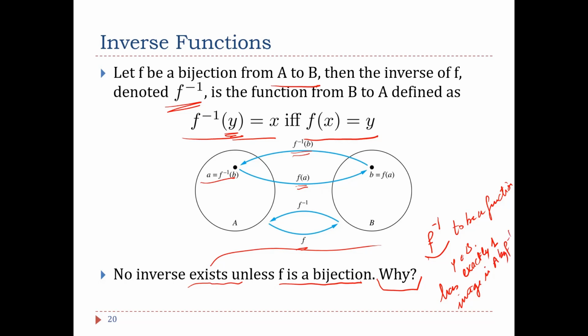So for f minus 1 to be a function, we should meet this property. And this cannot be the case unless all the elements of B are involved in the relation with elements in A, and every one of them has at most one. So at least one and at most one means exactly one relation. So for this to happen, the original function f needs to be a bijection.